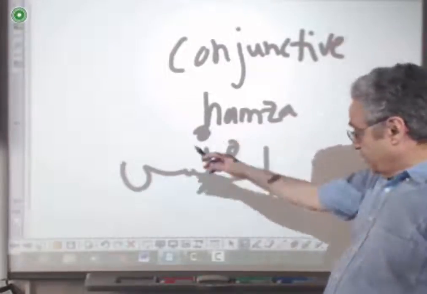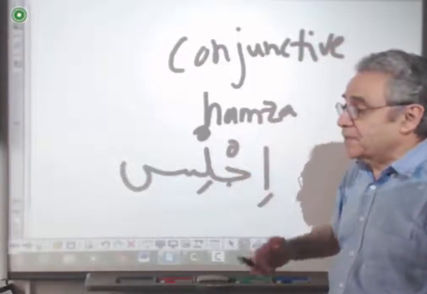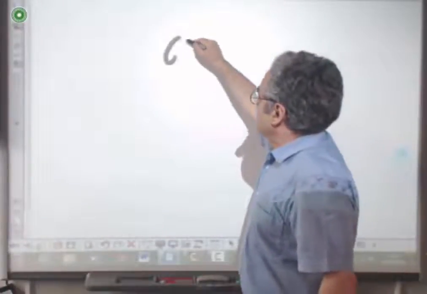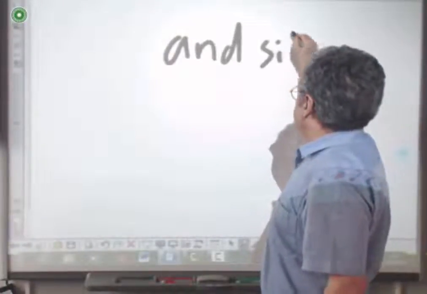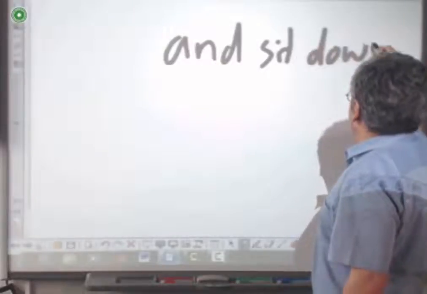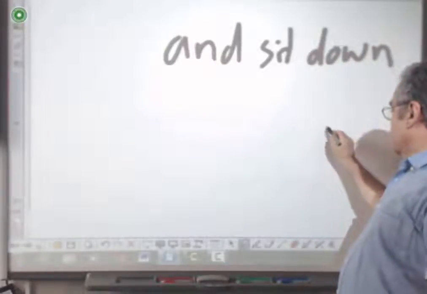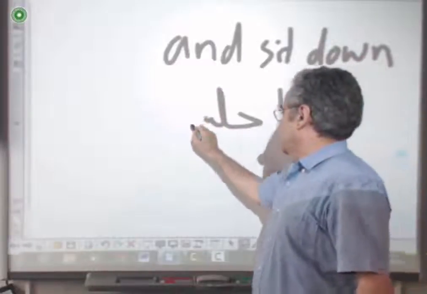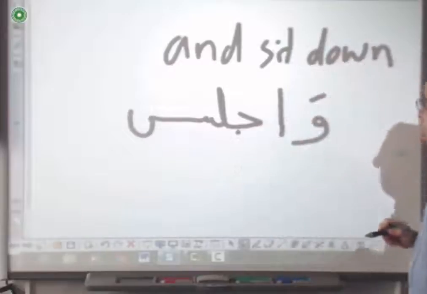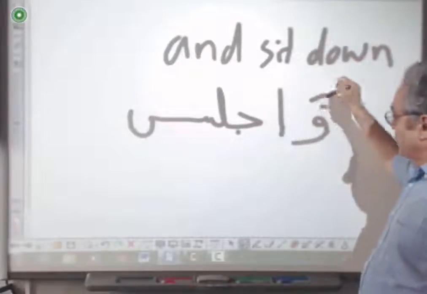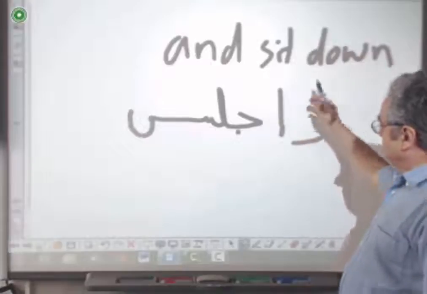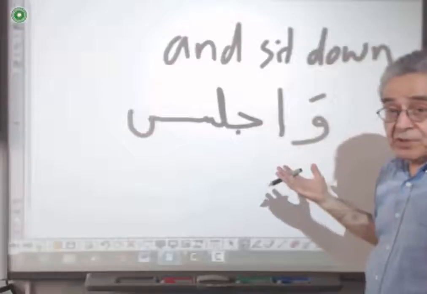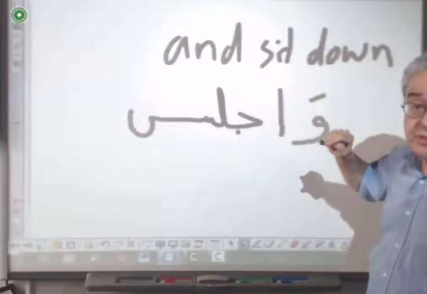So if I want to say the same word ijlis and I want to say "and sit down", let us take the word "and sit down". So in Arabic, "and" is wa. Now I want you to look at this word and help me to read. Here I don't use the alif, although I put the alif here because that's part of the word, but I shouldn't pronounce the alif.